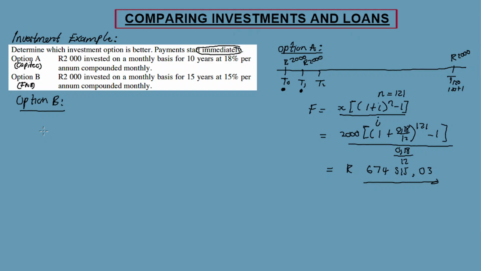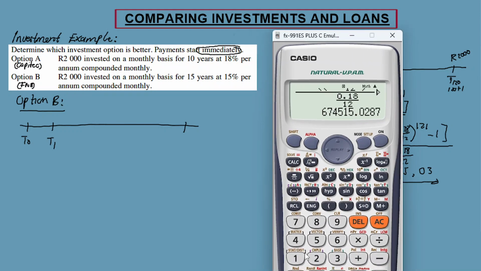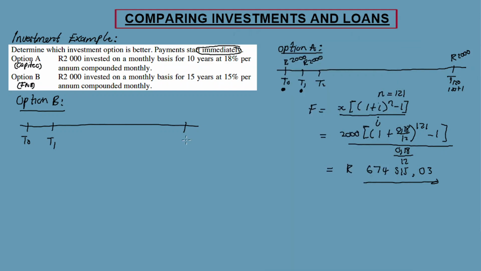Now option B, again we start immediately, so we draw a timeline: T0, T1 all the way up to, for option B we invest our money for how long? 15 years. So 15 times 12 is 180, so it's T180. Since we start immediately, n will be equal to 181.